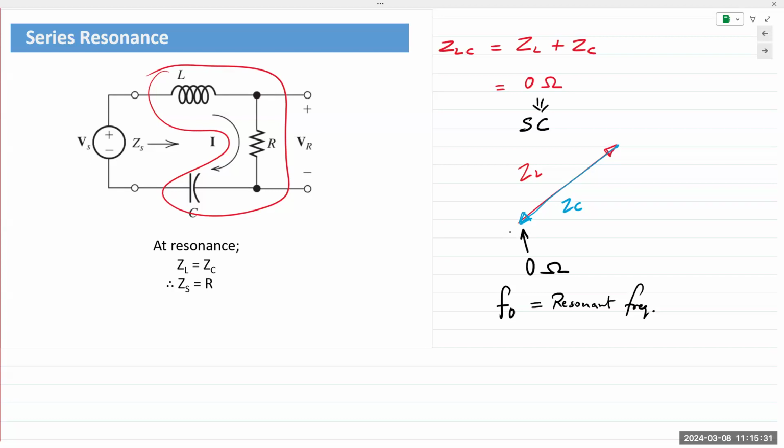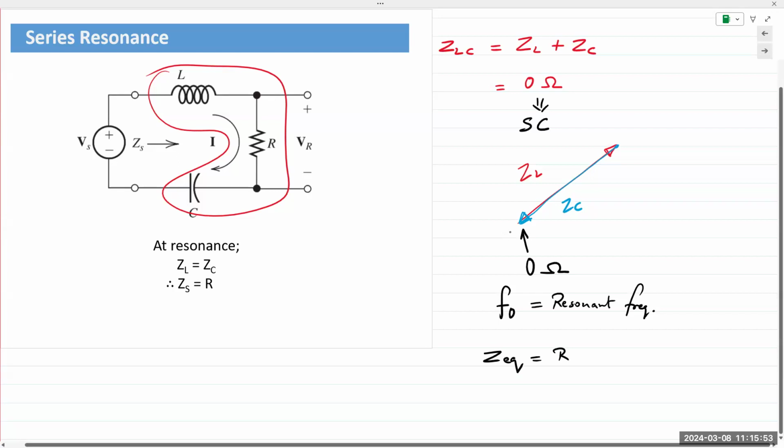Make sense? ZEQ would be R plus ZL plus ZC. But ZL plus ZC goes to 0, so the only thing left is R. And so ZEQ is equal to R, the total equivalent impedance.